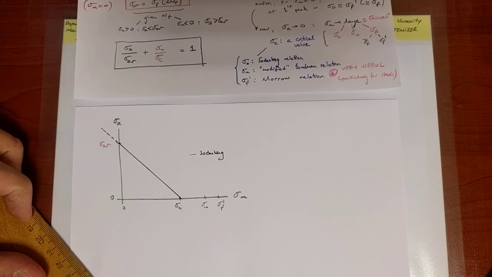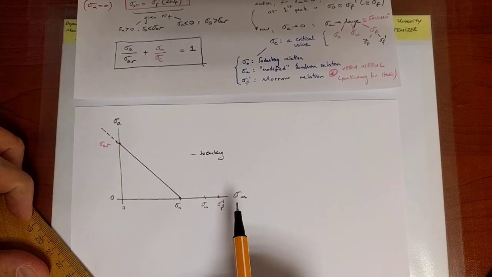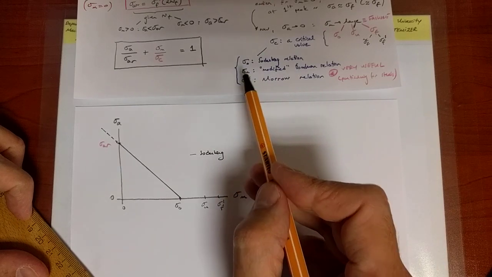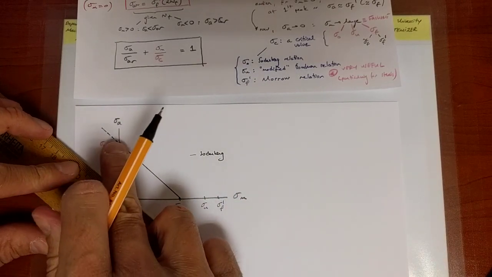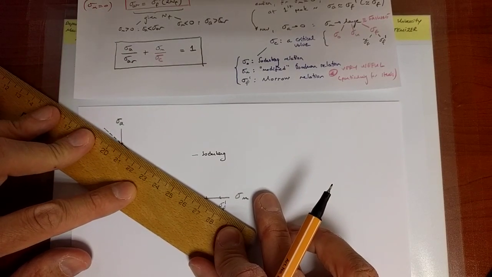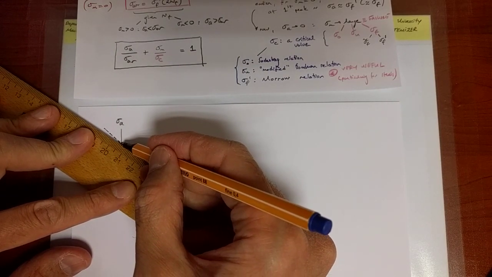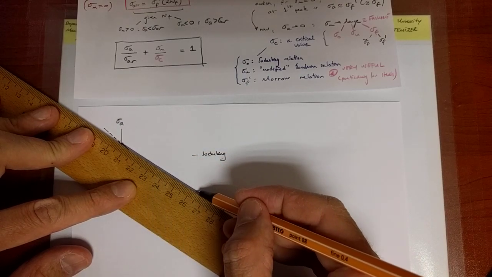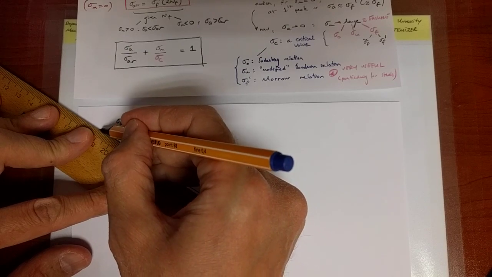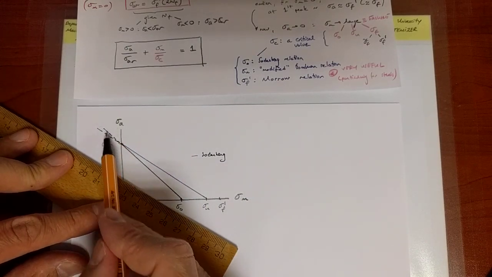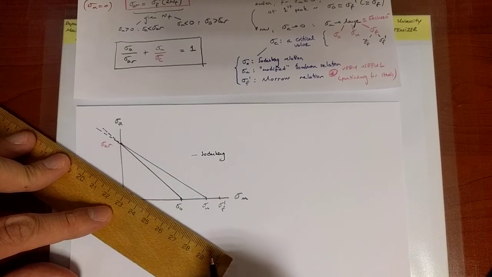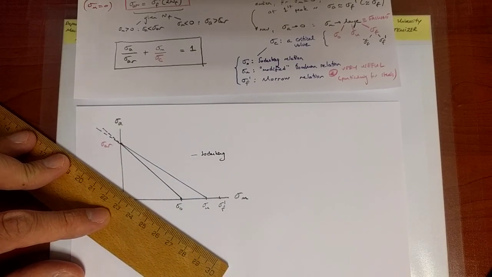What we can also look at is the modified Goodman relation, which has to do with this intercept. Again, it's going to be a line that moves up like this. And if we insist on going into the negative sigma m values, the corresponding sigma a value is larger to achieve the same life. Again, the positive influence of compressive stresses is reflected.